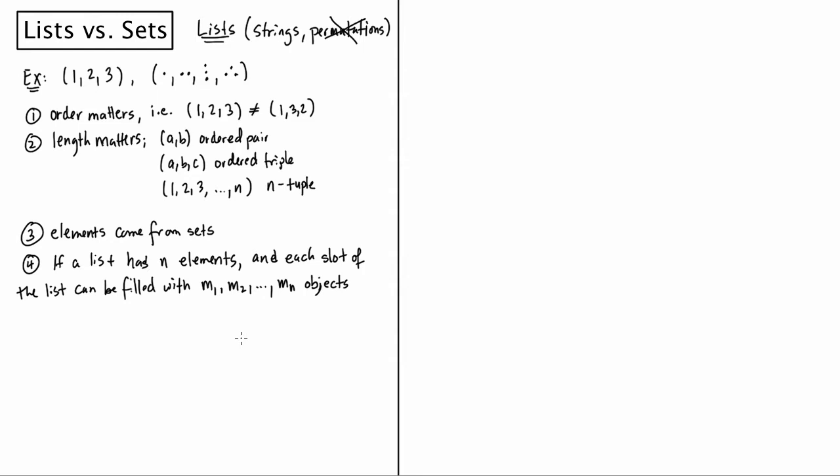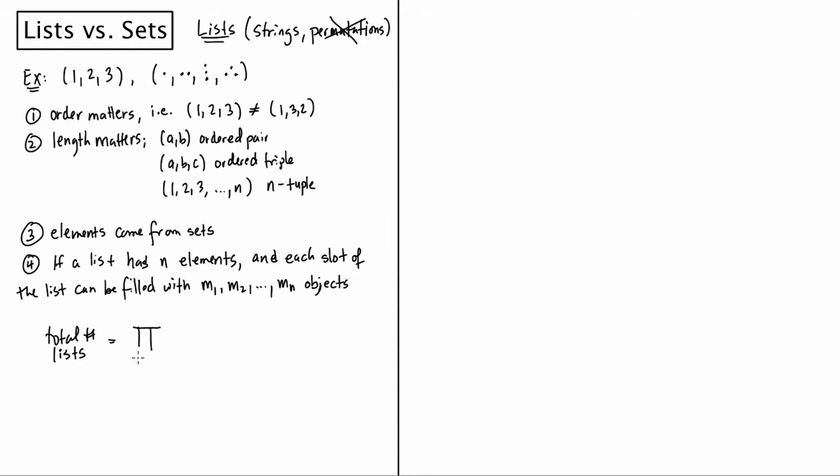With a positive integer number of objects, the total number of lists that can be created from this setup is equal to the product. This is some new notation for a lot of you.